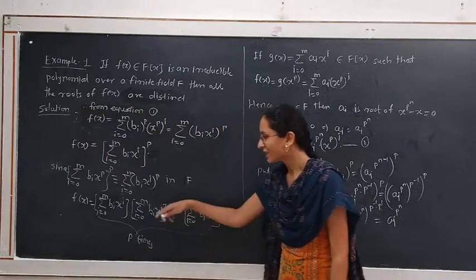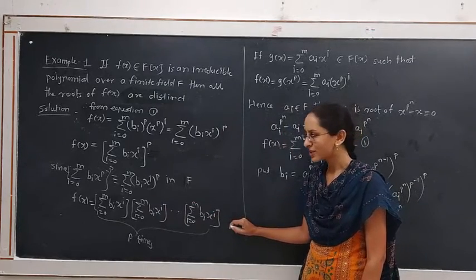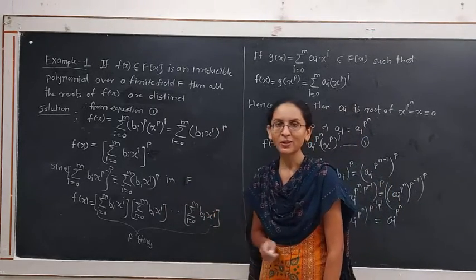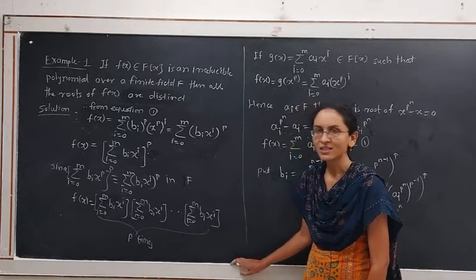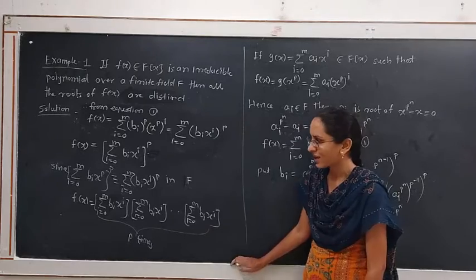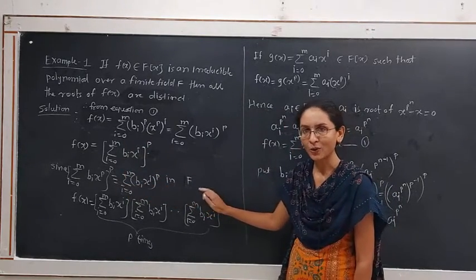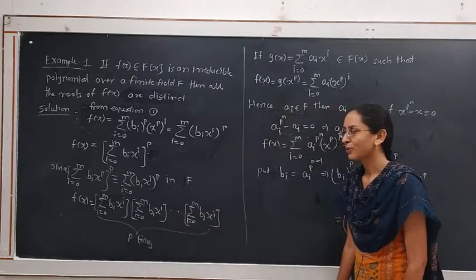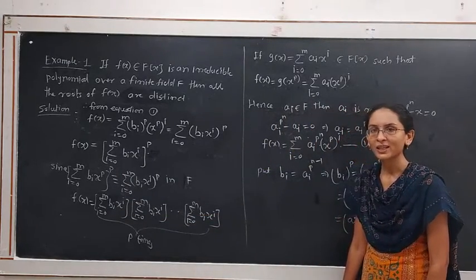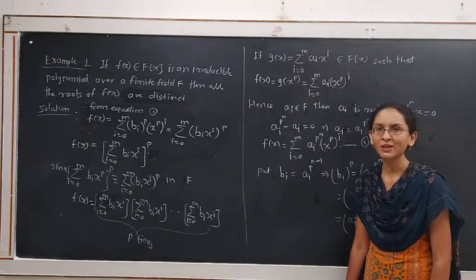That means each term of this product is a factor of f(x) whose degree is less than the degree of the polynomial f(x). This gives f(x) is a reducible polynomial, because we are writing this expression in the field F, congruent modulo p. Therefore, this polynomial f(x) has factors of lower degree in the same field F, which implies the polynomial f(x) is a reducible polynomial.